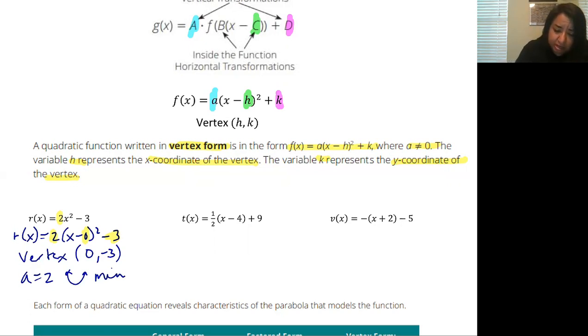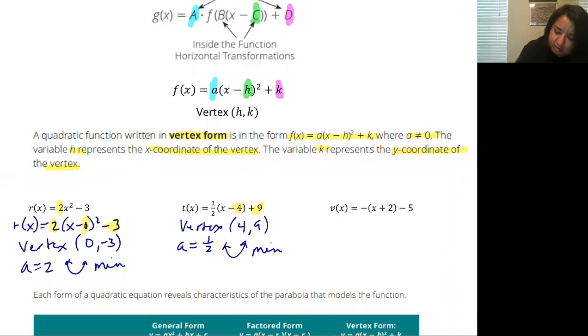For this function. So on the next example, we can see h, k. So my vertex is at (4, 9). a is positive 1/2, which means it opens upward. So (4, 9) would be my absolute minimum. And then on the last example here, be careful with that plus 2, h, k.